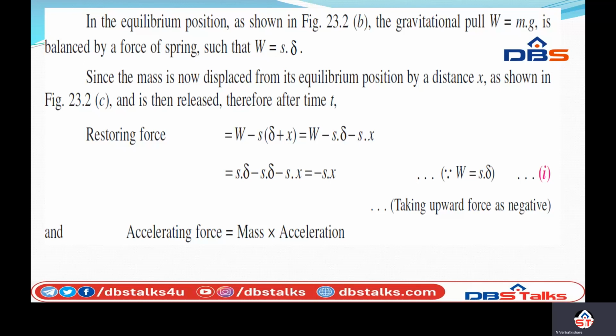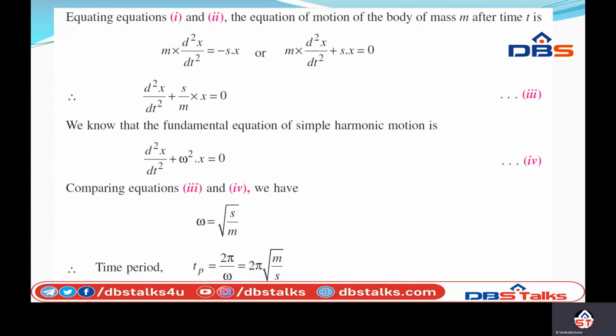By equating these, with W equal to S delta, and m into d square x by dt square, we get a formula: omega equals square root of S by m.